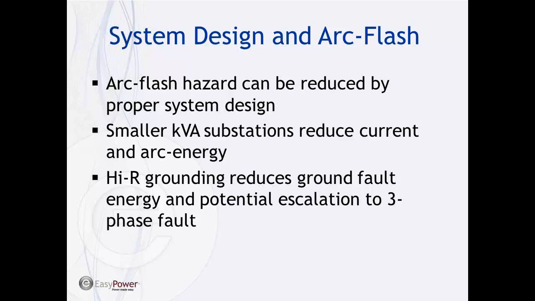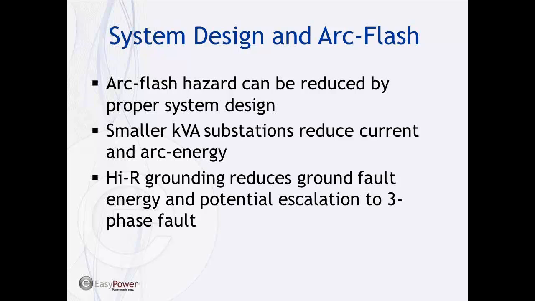One of the things we talked about at the beginning, as far as the main factors that affect the incident energy, are working distance, fault time, the amount of time it takes to trip, and then the fault current. Anytime you can put in a smaller kVA transformer or substation, that's always going to reduce your fault current. So that will give you lower incident energies.